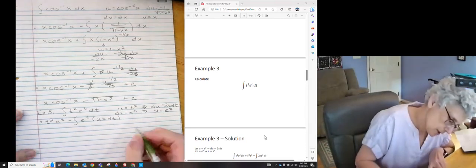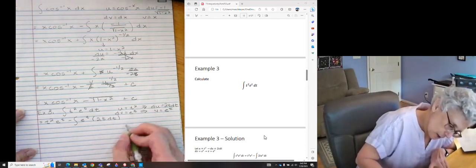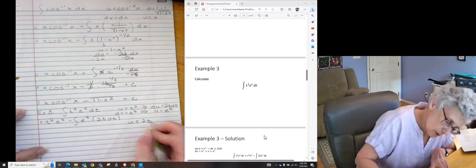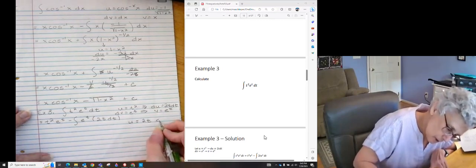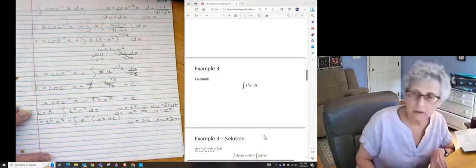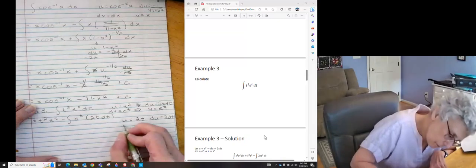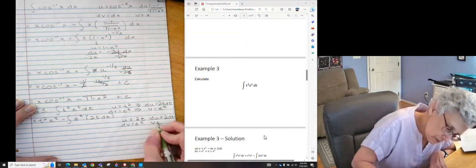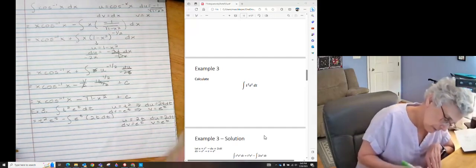Integrate by parts again. So again, u is equal to 2t, du is equal to 2 dt. dv is e to the t, so v is e to the t.